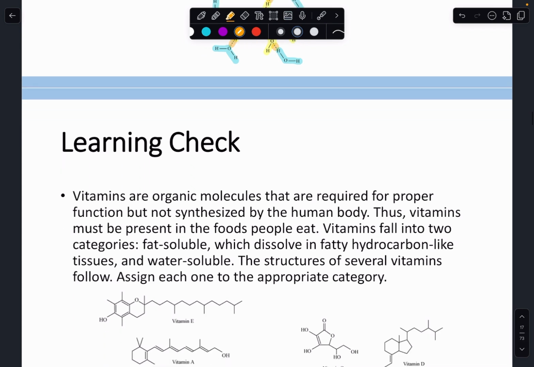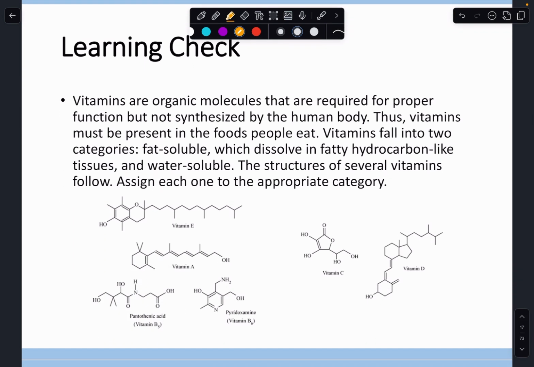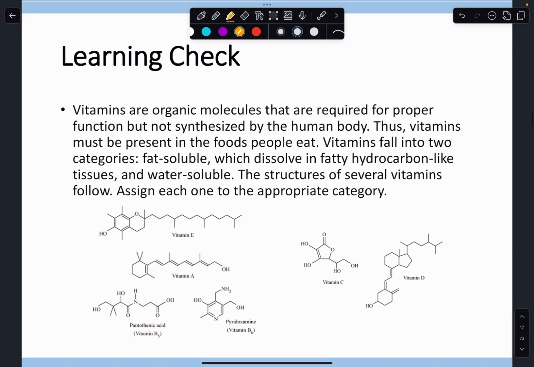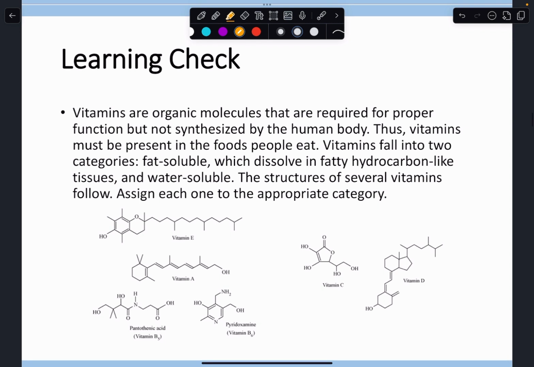Here's another learning check, thinking about the same thing. Vitamins are organic molecules that are required for proper function, but they're not synthesized by the human body. So vitamins must be present in the foods people eat, or they can be present in supplements. Vitamins fall into two categories.